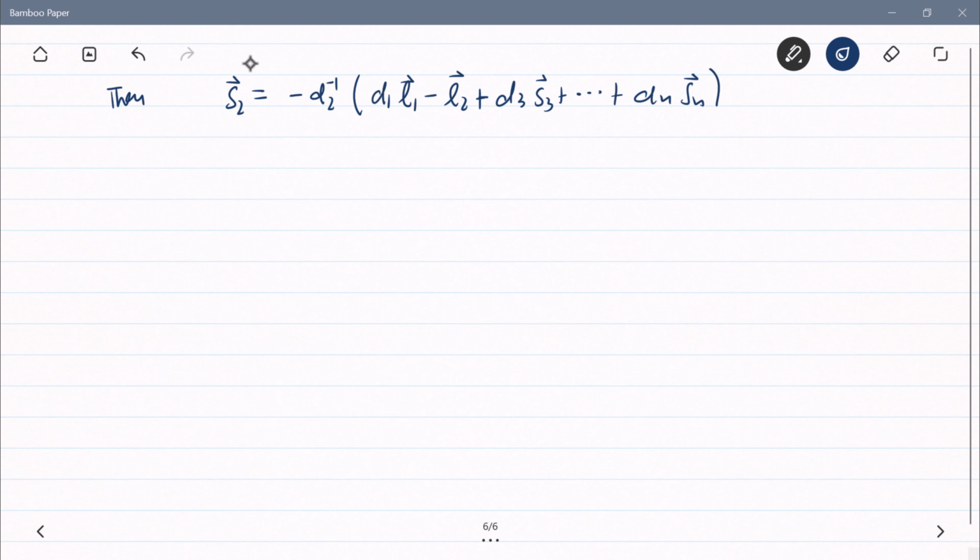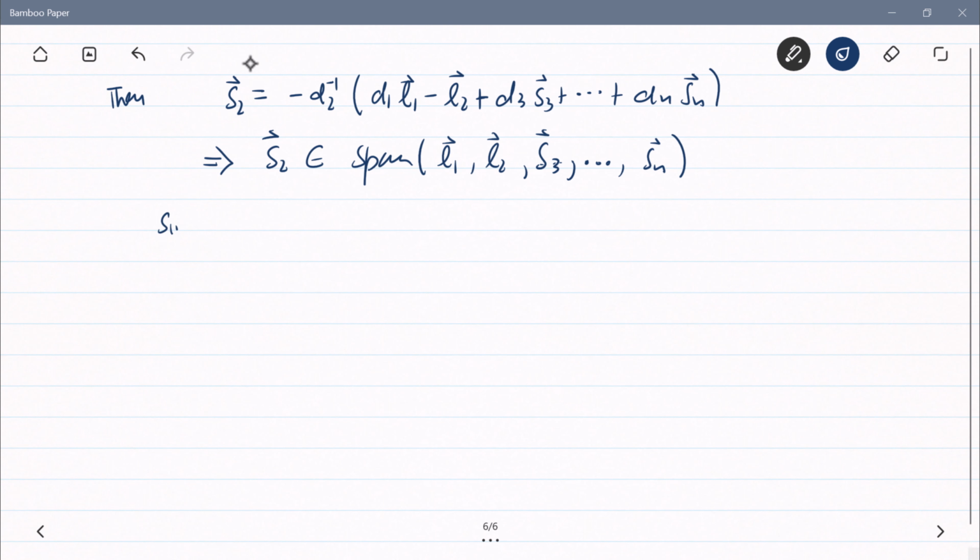Which says something, since this is a linear combination, it says something about S2. It is in the span of L sub 1, L sub 2, sorry, S sub 3, dot dot dot S sub n.